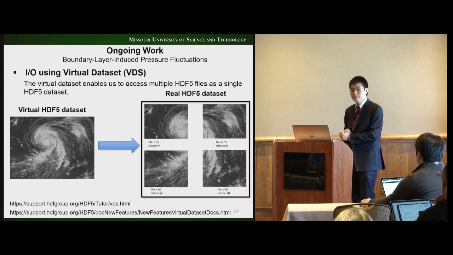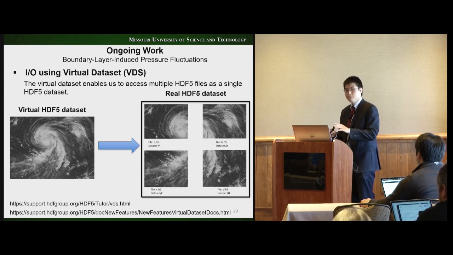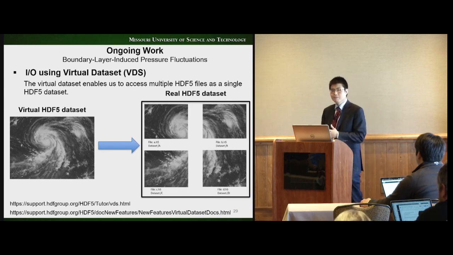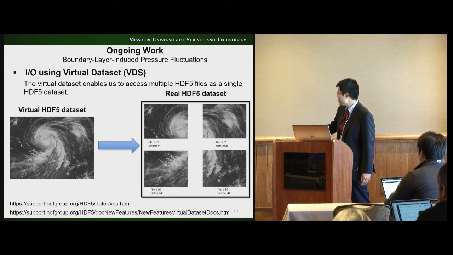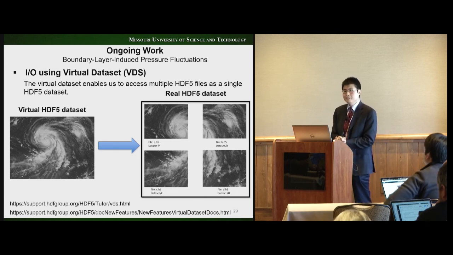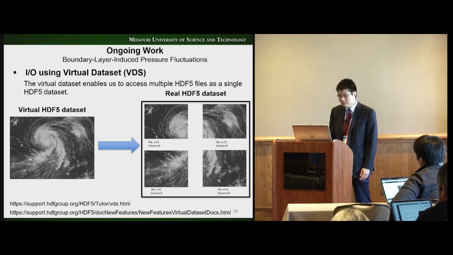If this could be used, it will significantly reduce the amount of work for post-processing the data, because a large dump is distributed into multiple files. So we want to make use of this to piece them together. Okay, so that's another ongoing work we are dealing with.